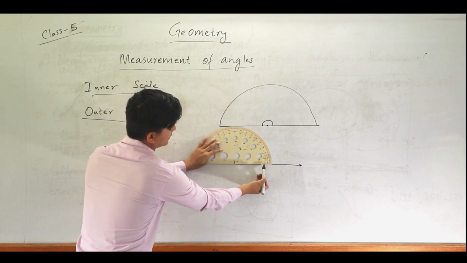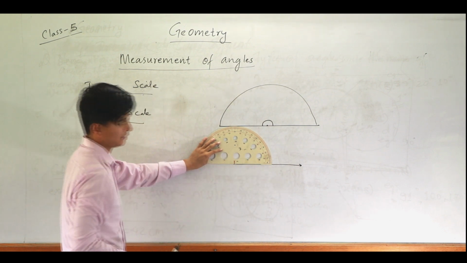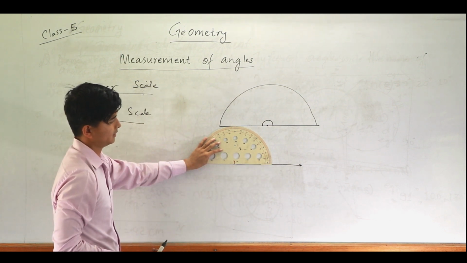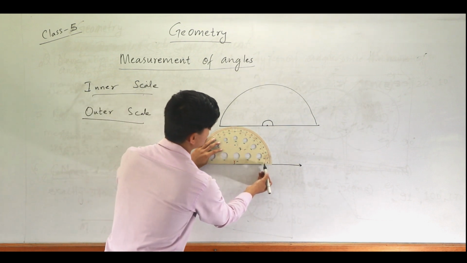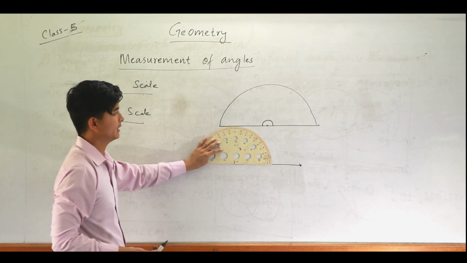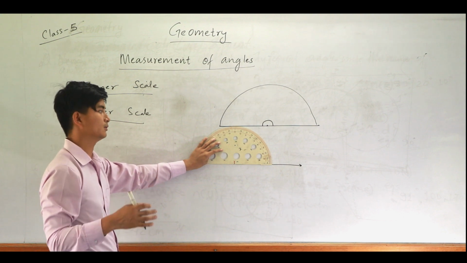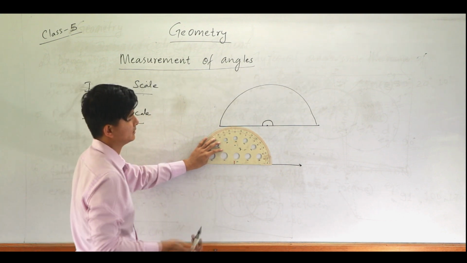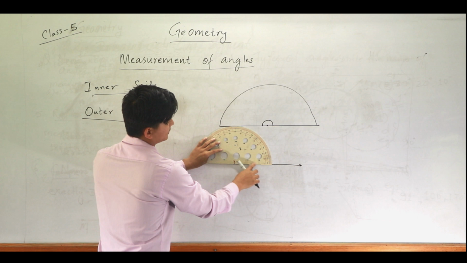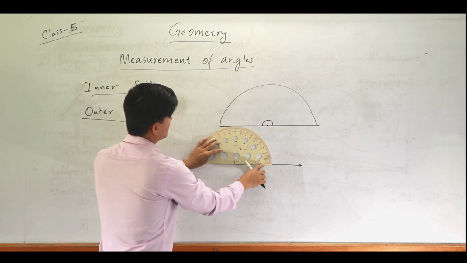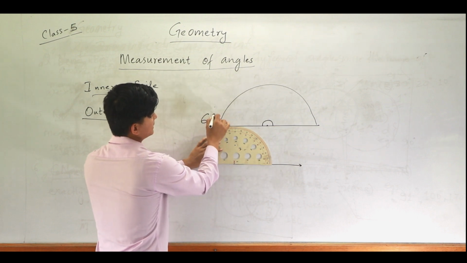So you can see here 0 degree and 180 degree. What you have to do is you have to see from 0 degree, not 180 degree. Because the numbers start with 0, not in descending order, you have to see in ascending order. Suppose I am drawing 60 degree.